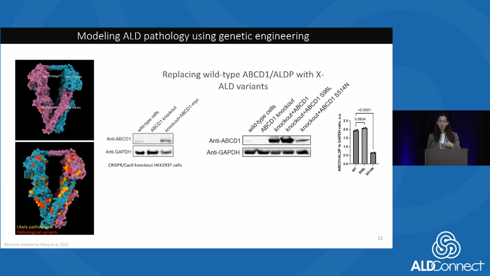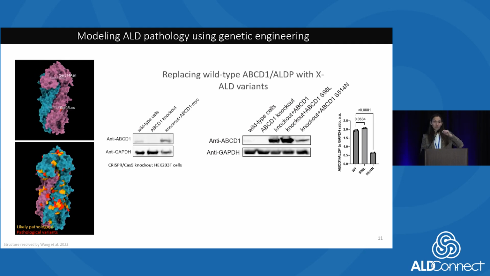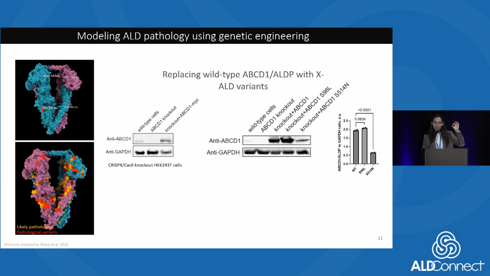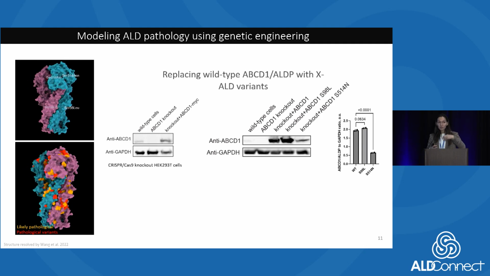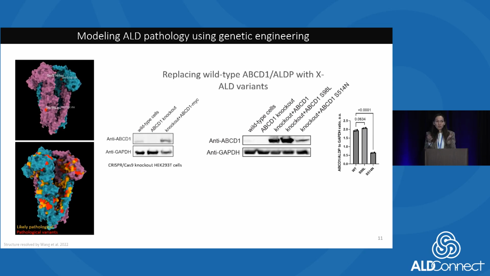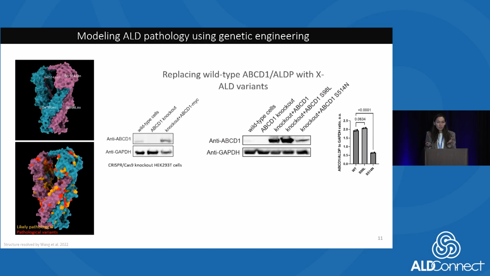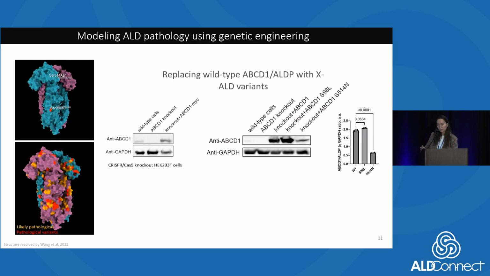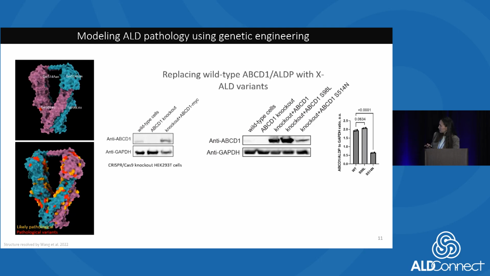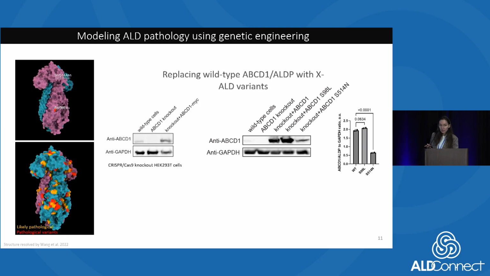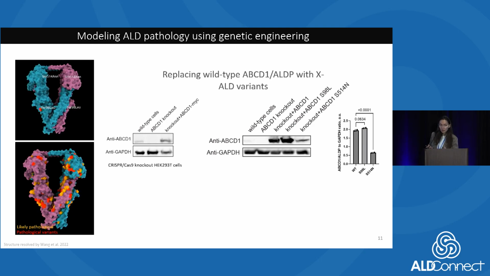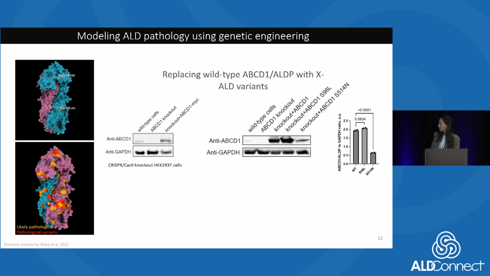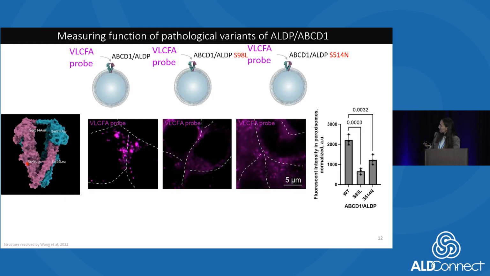It can be dysfunctional topologically because it just doesn't reach the peroxisomal membrane. It can be dysfunctional by reaching the peroxisomal membrane but not being able to do the conformational changes. So there are different layers to this dysfunction, right? Here it's interesting because this variant is already not reaching the levels of the wild type. But I'm going on a tangent here.